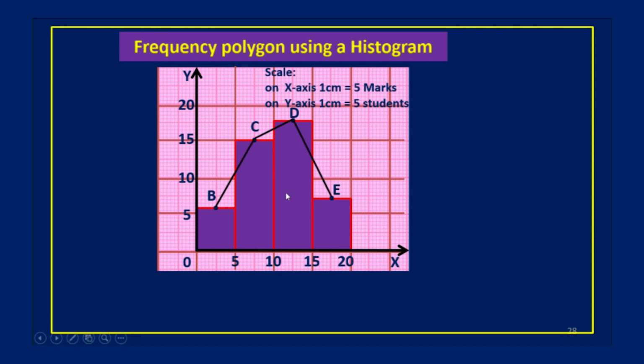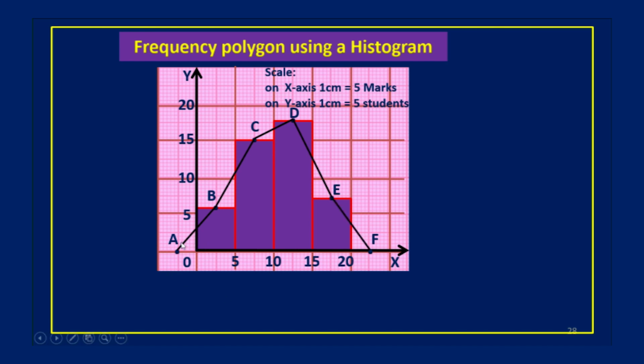Now, what you have to do after this? 0 to 5 is the first class, 15 to 20 is the last class. You have to take the midpoint of the next class and the midpoint of the previous class. So, I am taking the midpoint of the previous class as A, and the midpoint of the next class as F. Now, I am joining BA, I am joining EF.